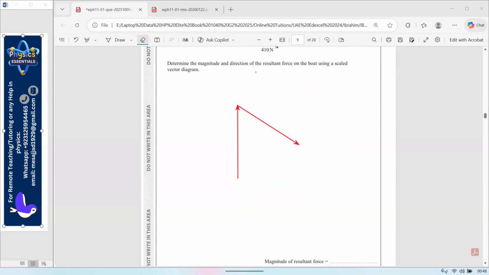Now the resultant vector will be in blue, and it starts from the tail of the first all the way to the head of the last.